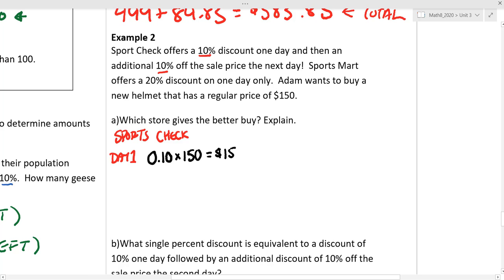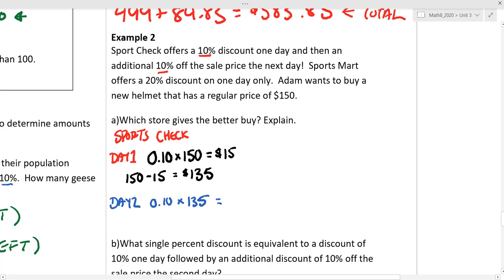Okay. Then on day 2 you get another 10% off. Not another 10% off the 150, but of the already reduced price. So how much is the price at the end of the first day? You go 150 minus 15, which is $135 at the end of the first day. So on day 2, they give you another discount of 10% on the sale price, which is $135.